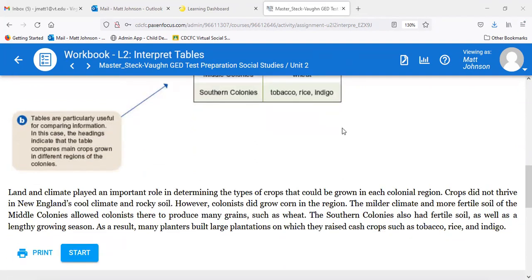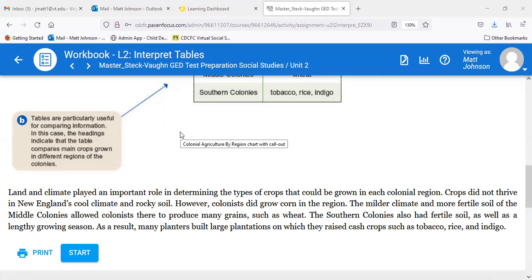And our text box here says land and climate played an important role in determining the types of crops that could be grown in each colonial region. Crops did not thrive in New England's cool climate and rocky soil. However, colonists did grow corn in the region. The milder climate and more fertile soil of the middle colonies allowed colonists there to produce many grains such as wheat, and the southern colonies also had fertile soil as well as a lengthy growing season.